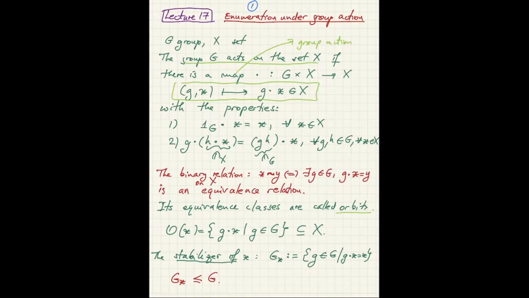And therefore, this equivalence relation is going to produce equivalence classes, and these equivalence classes are called the orbits of this action.